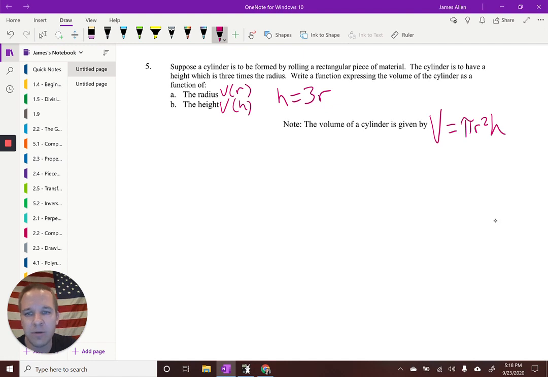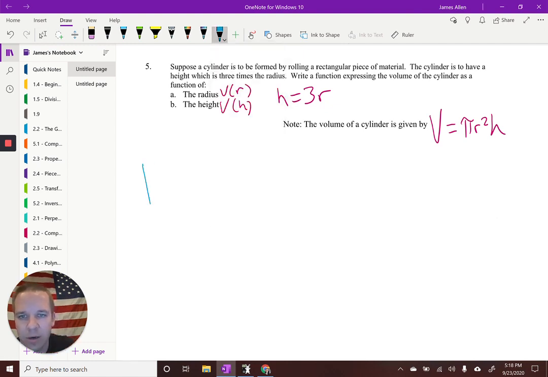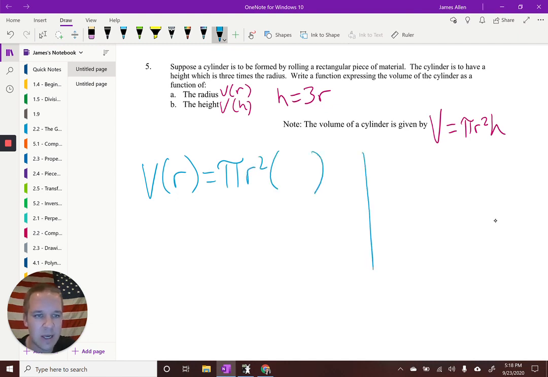All right. So if I'm going to do the volume, let's start with this one. I'll do this in a different color. Let's go with the blue here. V of R. We'll do that one first. All right. So if I want the volume as a function of the radius, that means I only want R left over, right? So R squared, and then I'm going to leave a set of parentheses here. Now let's take our height equals 3R.